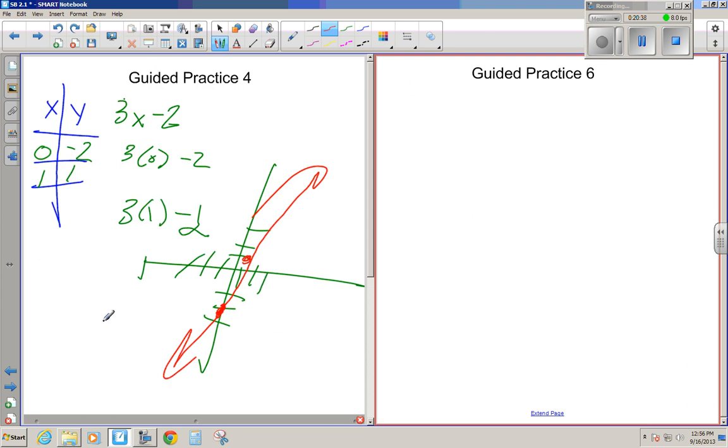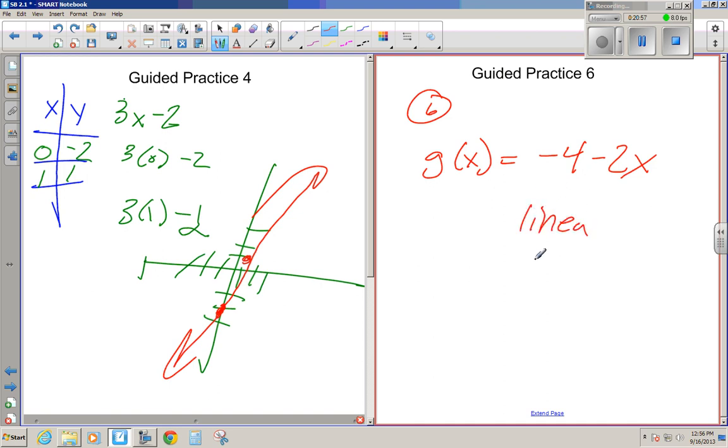Number 6 is tell whether it's linear or not. This is number 6 on the guided practices. You see there are no weird exponents, no denominators that are ugly. So this is linear. It says what is it when x is negative 2?